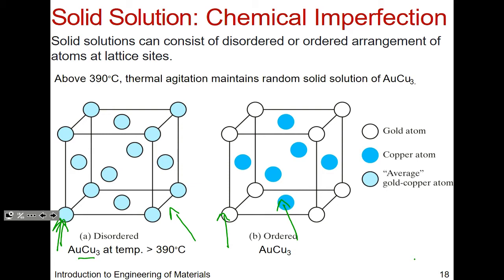Are we going to need to know when that happens for each? Yeah. So the question is, are we expected to know when an ordered structure will happen for a particular system, in this case gold copper? Absolutely not.